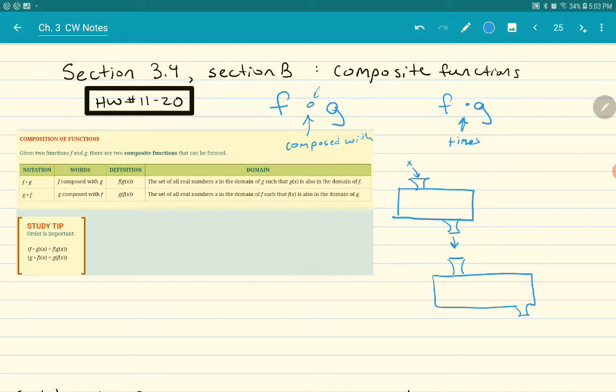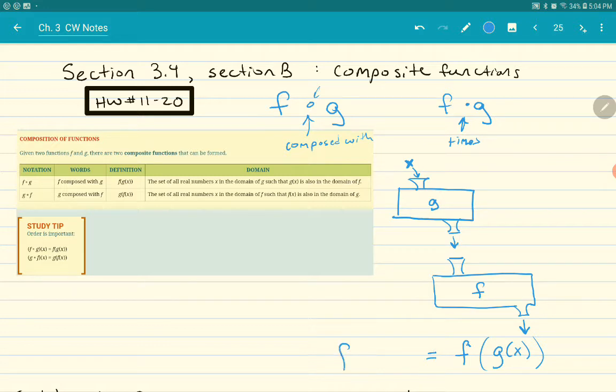So if I put my x value into g first, and then my output of g becomes my input of f, then x goes through both machines. It goes through g first, so that's the inside function, and then I took that output and I put it into f. So that's my output after going through both machines, and that is a composite function.